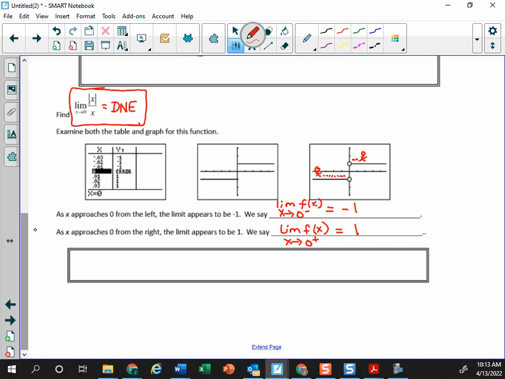Okay, so in the little box down here, the limit of f of x as x approaches a equals L if and only if. Do you guys remember that from geometry?